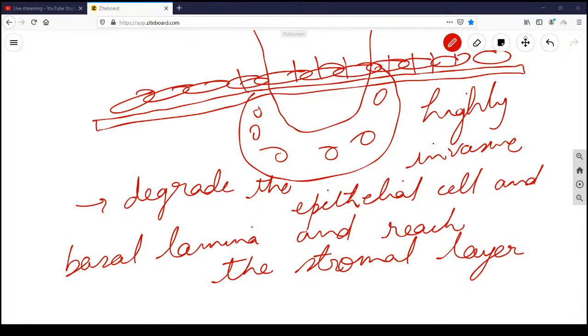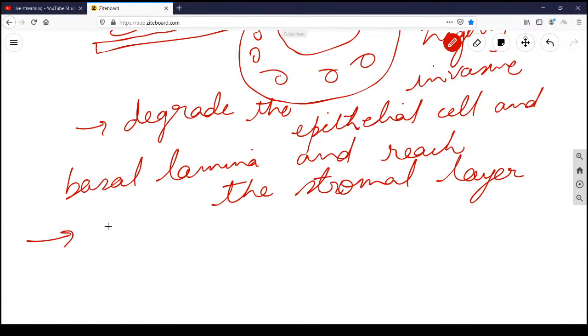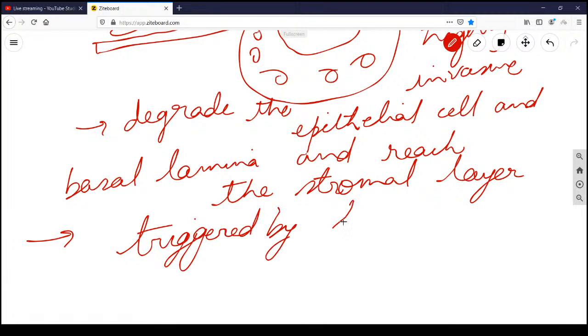It is facilitated, or triggered, by lytic enzymes, which are produced by the syncytiotrophoblast, as I told you also.